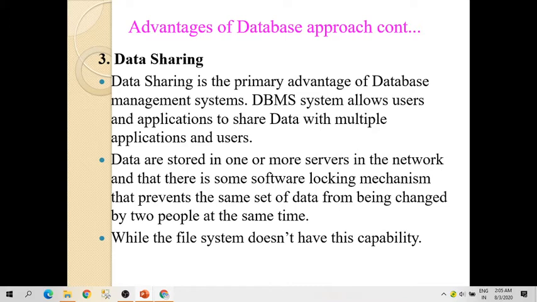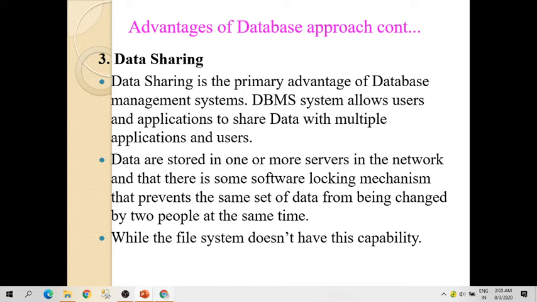Data sharing is the primary advantage of database management system, because DBMS allows users and applications to share data with multiple applications and users. Data are stored in one or more servers in the network, and there is some software locking mechanism that prevents the same set of data from being changed by two people at the same time.